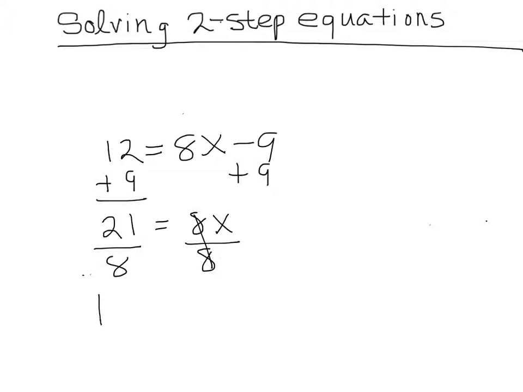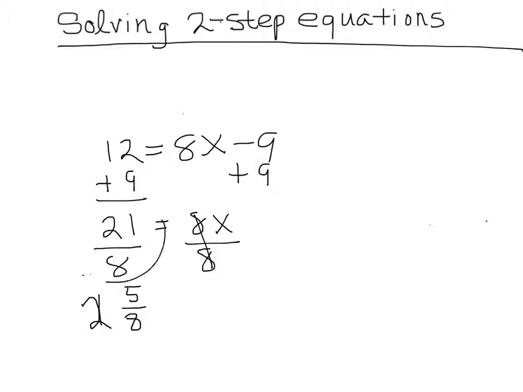If I want to, I can change 21 over 8 into 2 and 5/8 because 16/8 is equal to 2. So this is basically 16/8 plus 5/8. So it's going to be 2 and 5/8.